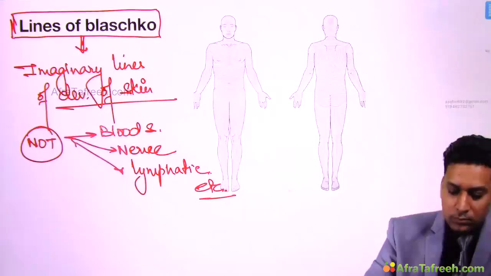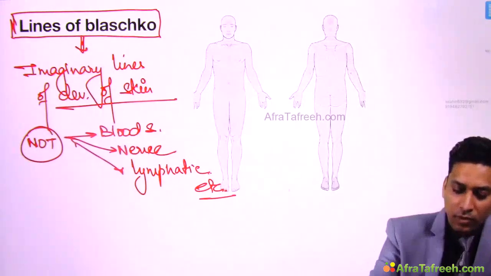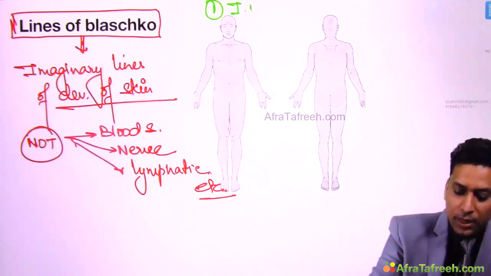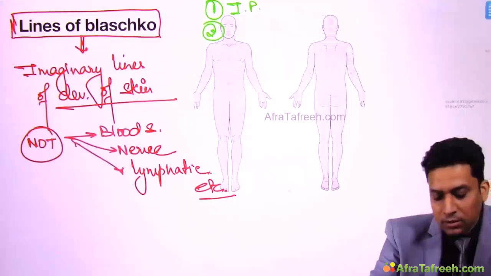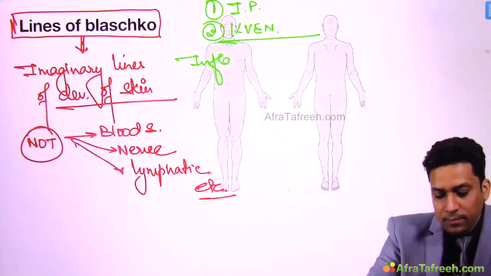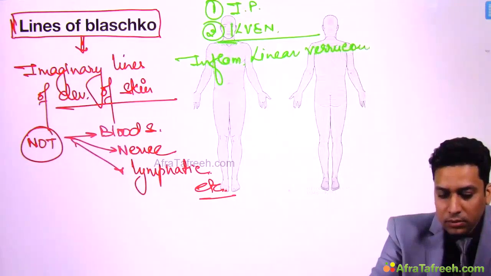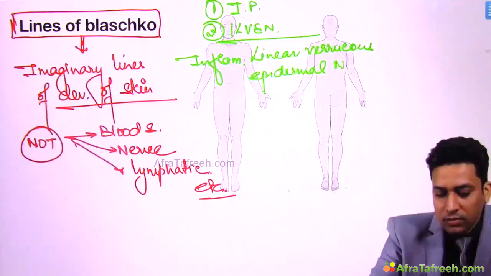Okay, there are few more conditions which might follow lines of Blaschko. One you already know, incontinentia pigmenti. Second is ILVEN, inflammatory linear verrucous epidermal nevus.